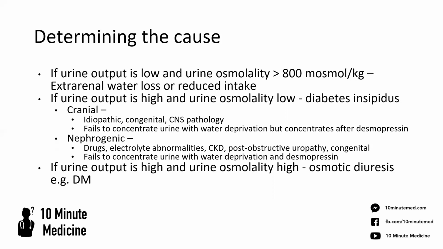In patients with nephrogenic diabetes insipidus, they will fail to concentrate urine with both a water deprivation test and desmopressin administration. If urine output is high and urine osmolality is also high, then suspect osmotic diuresis, such as patients with diabetes mellitus who have excessive glucose in their urine.